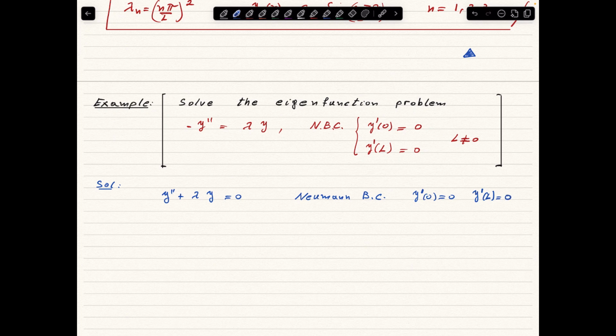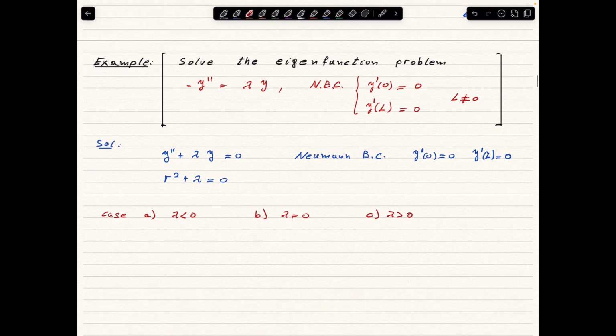So we solve the characteristic equation for our operator, and again we are going to have three cases. The case A, which is lambda negative, the case B when lambda is 0, and the case C when lambda is positive.